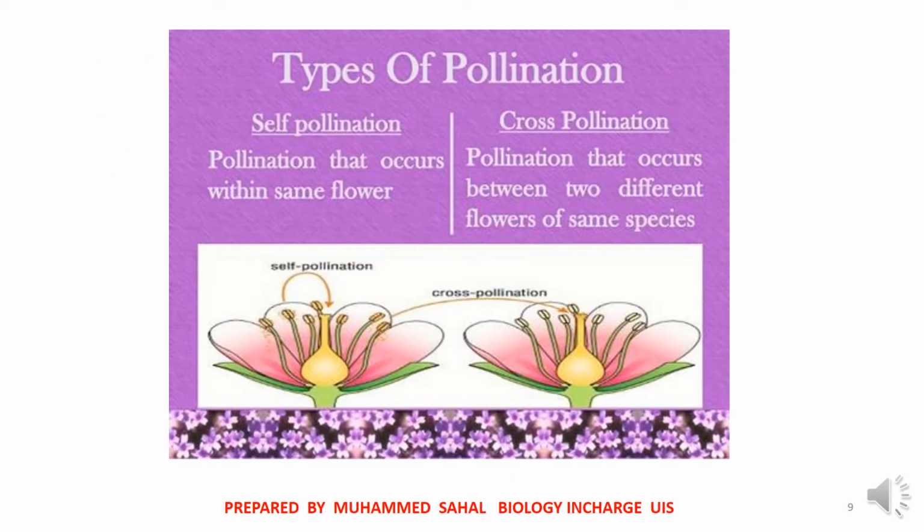Types of pollination. There are two types of pollination: self-pollination and cross-pollination. Pollination that takes place within the same flower is called self-pollination. If pollination takes place between two different flowers of the same species, then it is said to be cross-pollination.